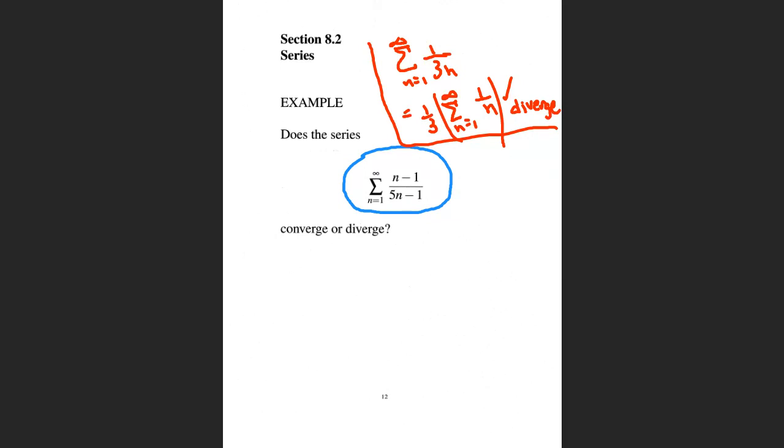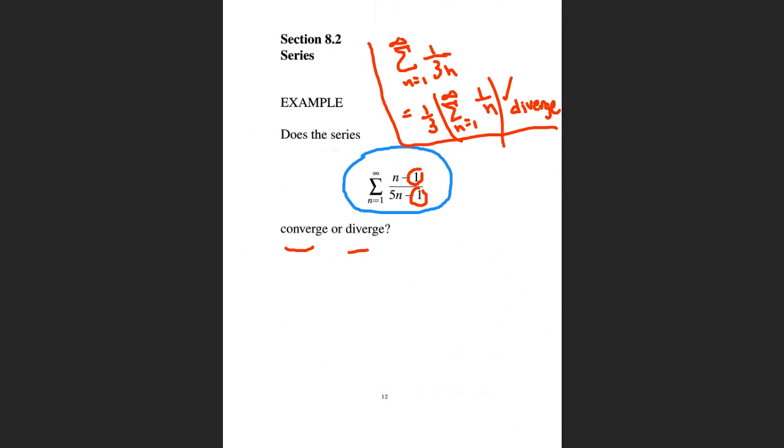Let me ask you, for large n, because what determines whether a series converges or diverges is how the series behaves as n gets large. Eventually the truth will come out, as they say. So when n is large, does the -1 here and the -1 here affect the terms of the series that much? Do they?